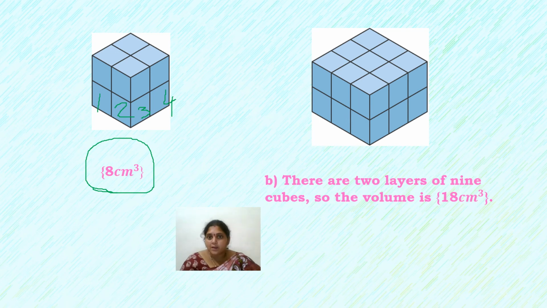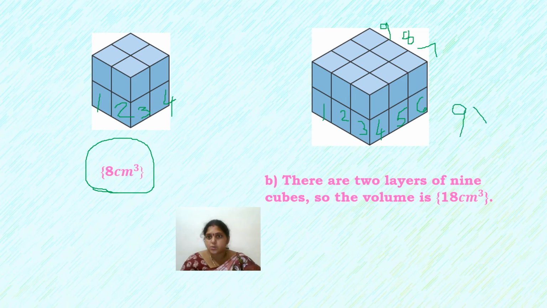Down also 1, 2, 3, 4, 5, 6, 7, 8, 9. Down layer you are having 9. How many layers are there? 2 layers are there.